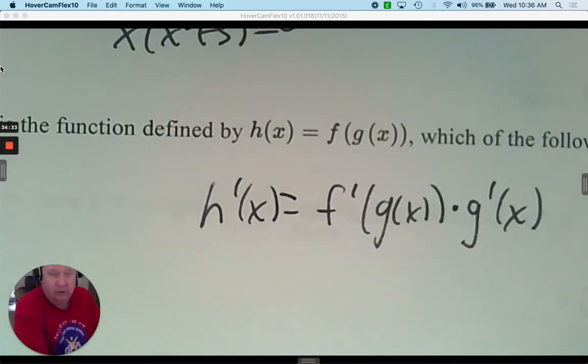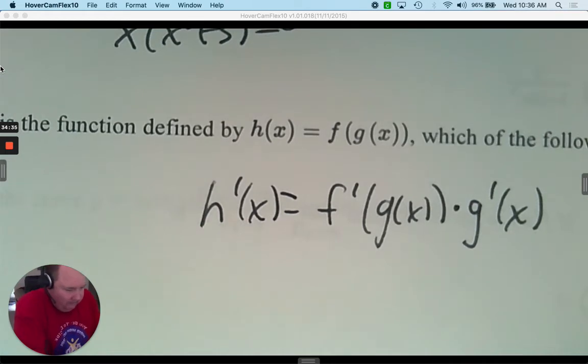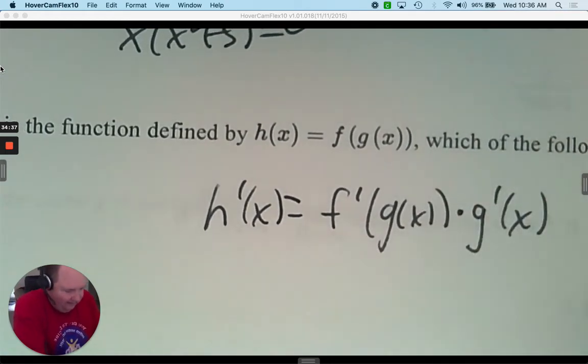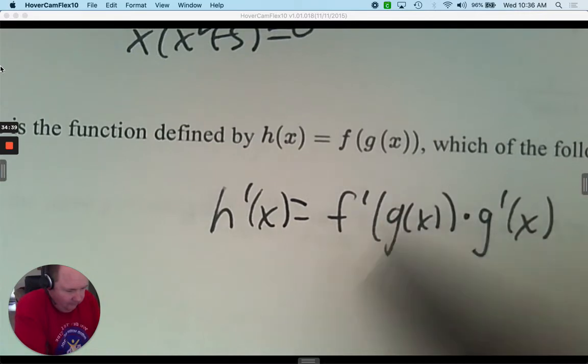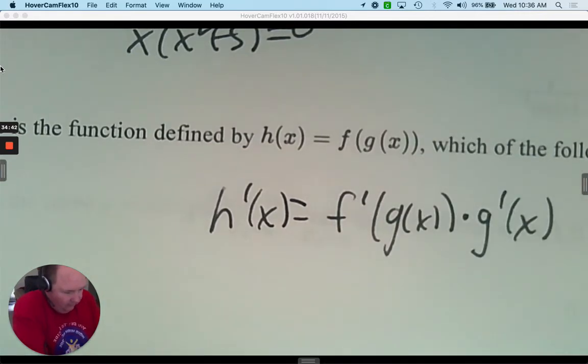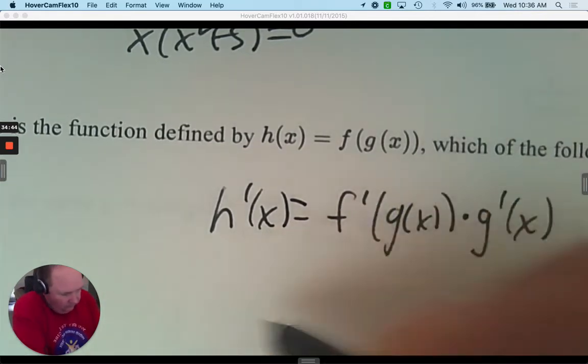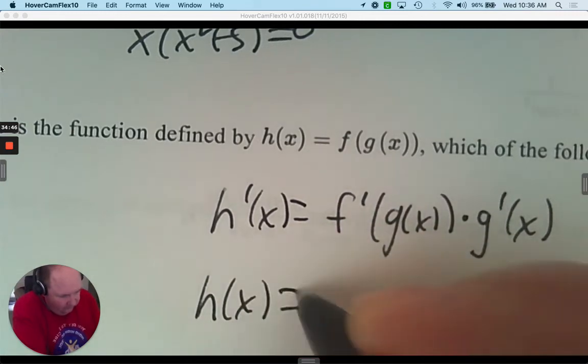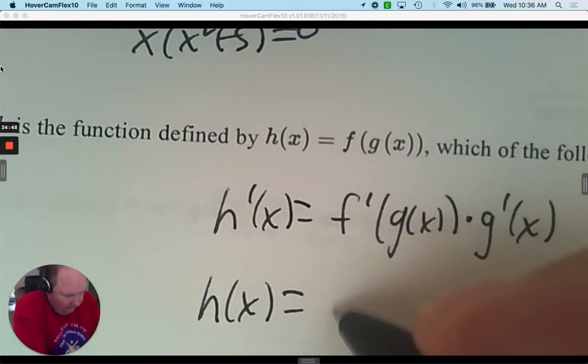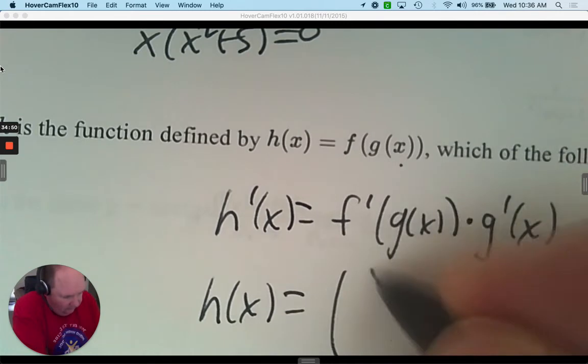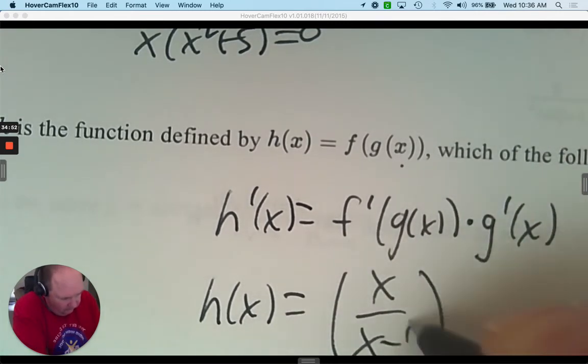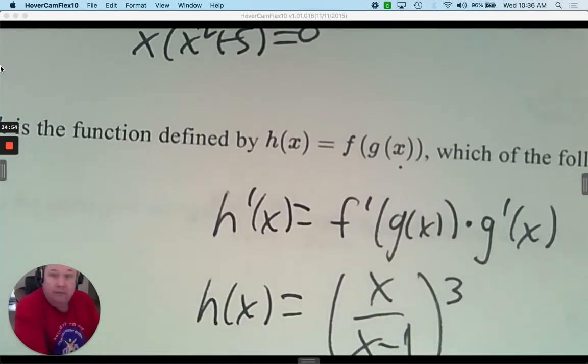So that's the correct notation for it. Then I plug in what the values are, f at x and g at x. So f is on the outside and g is inside. So this is what it would look like.